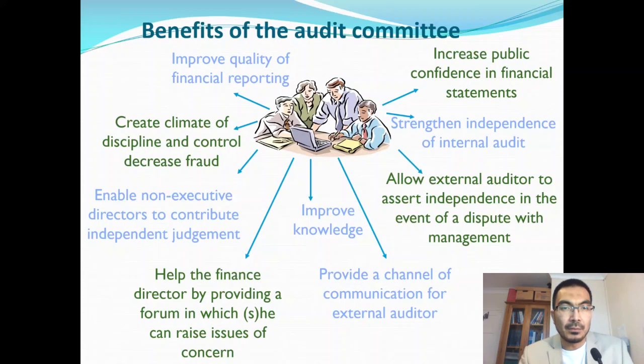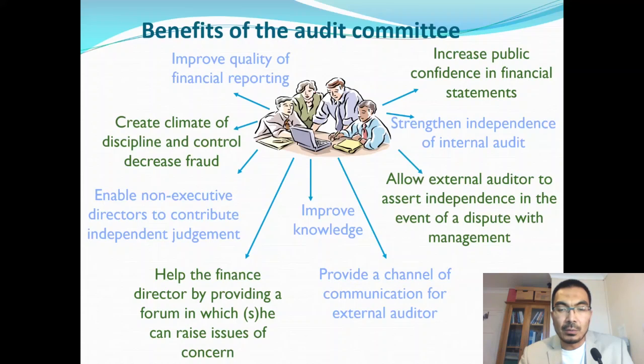It has many benefits. One of them is to improve the quality of financial reporting by reviewing the financial statements on behalf of the board members. It also creates a climate of discipline and control, which will reduce the opportunity for fraud, and it enables non-executive directors to contribute an independent judgment and play a positive role.